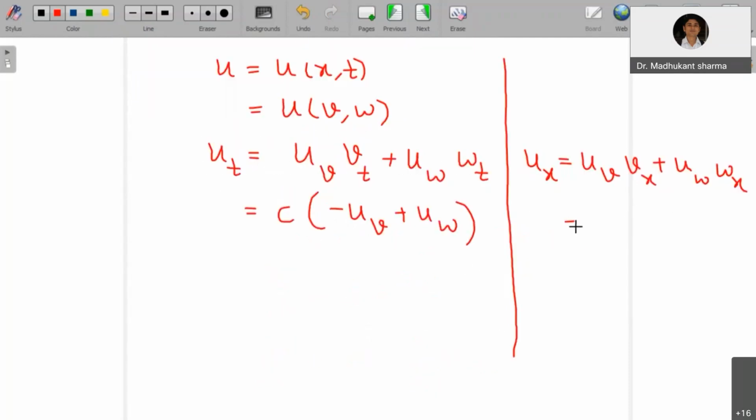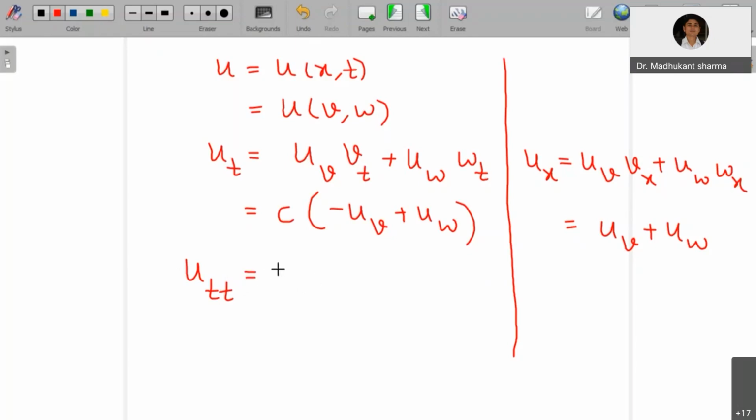And ux is equal to u_v plus u_w, because v_x and w_x are 1. Now you again differentiate with respect to t, and what you will get is utt.